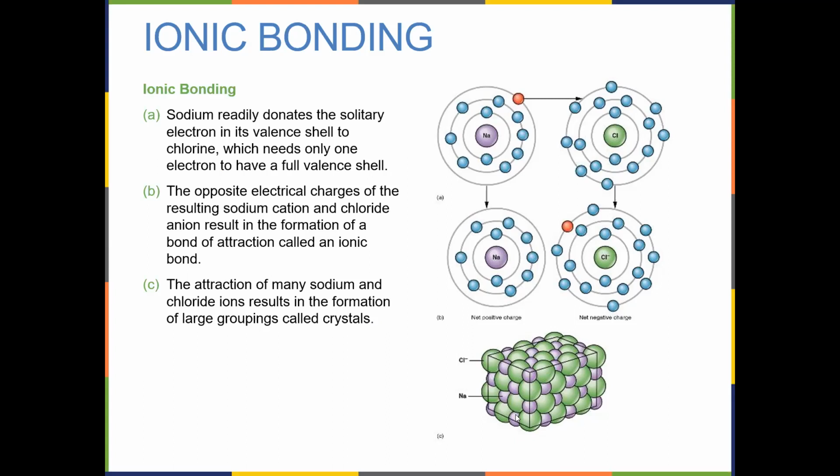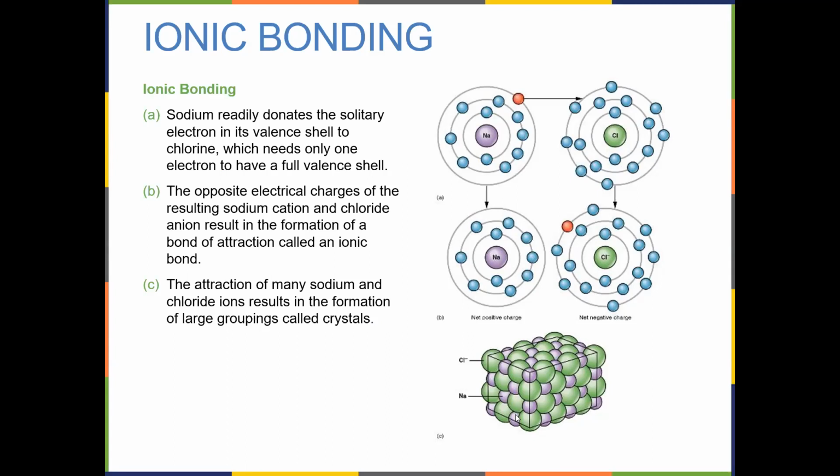Chlorine has 7 electrons in its outer shell. It wants 8. So it grabs that electron from sodium. The end result, though, is that they're no longer neutral atoms. They are a positive sodium and a negative chlorine. And they're attracted together and they form crystals. All salts are made of crystals.